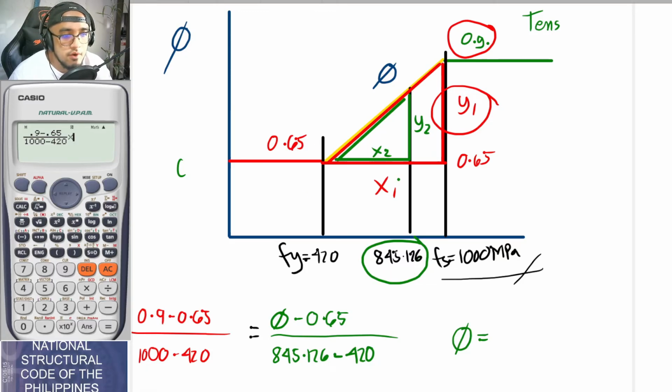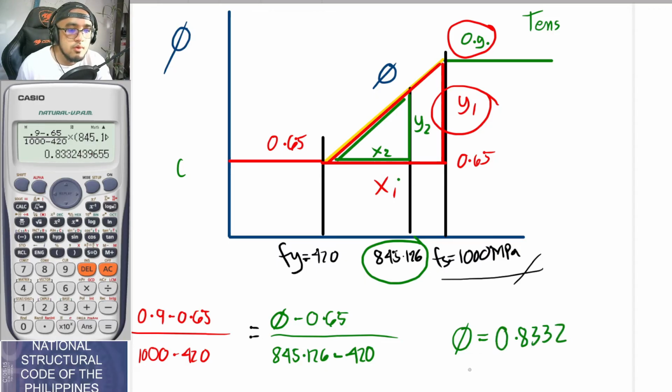Okay, so moving forward, so times 845.126 minus 420 plus 0.65. So this is now to be equal to 0.8332. So this is to be the value for your phi.